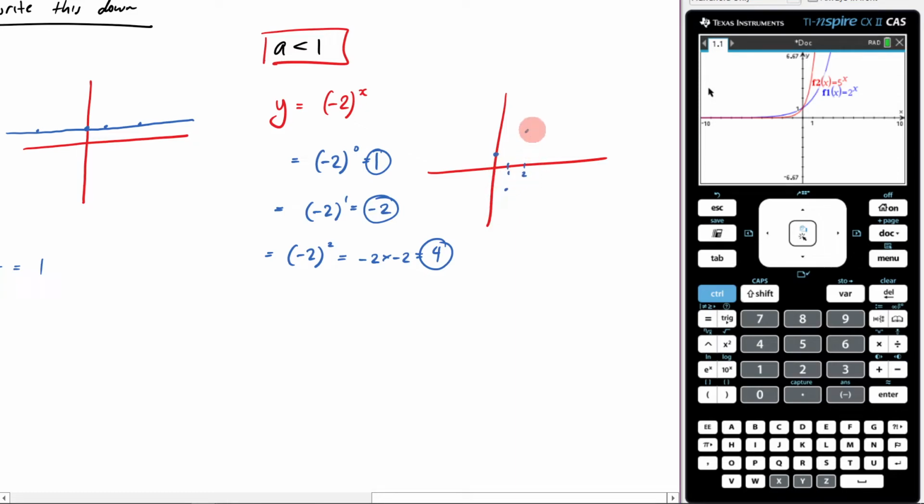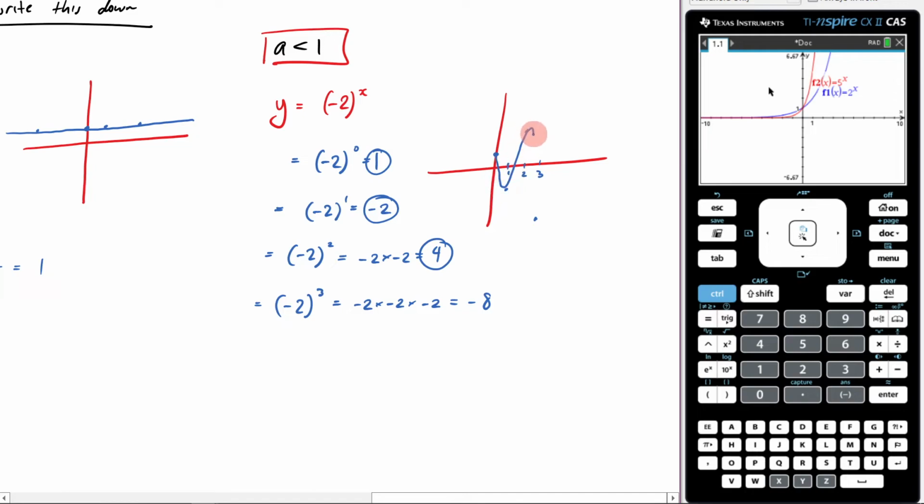You can already see that I'm not getting the basic shape here. Let's continue on. What if I was to put in x being equal to 3? Well, that means I would get negative 2 times negative 2 times negative 2. And that's negative 2 times negative 2 is positive 4, times negative 2 is negative 8. So that means now when I put 3 in, I'm down here. Hopefully you can see what's happening here.